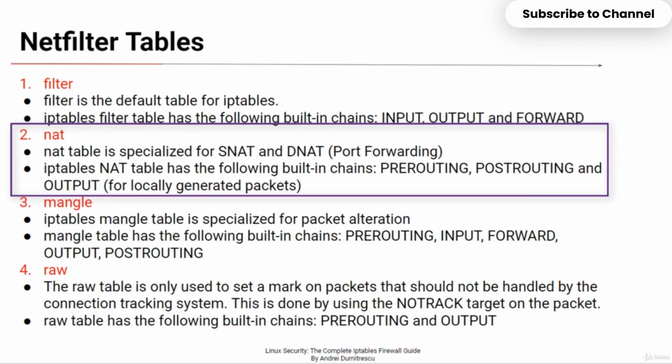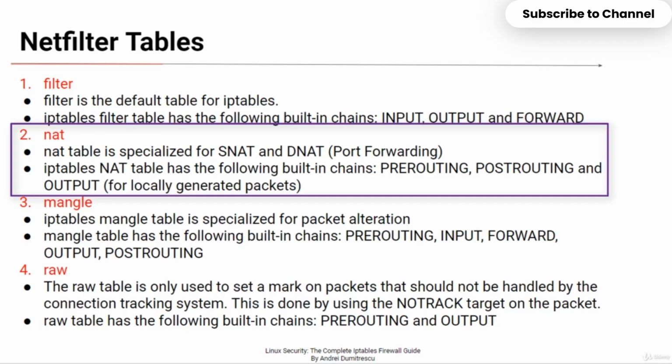Another table is nat, and it's specialized in SNAT that comes from source network address translation and DNAT that comes from destination network address translation. As packets enter the network stack, rules in this table will determine whether and how to modify the packet's source or destination addresses in order to impact the way the packet is further processed.